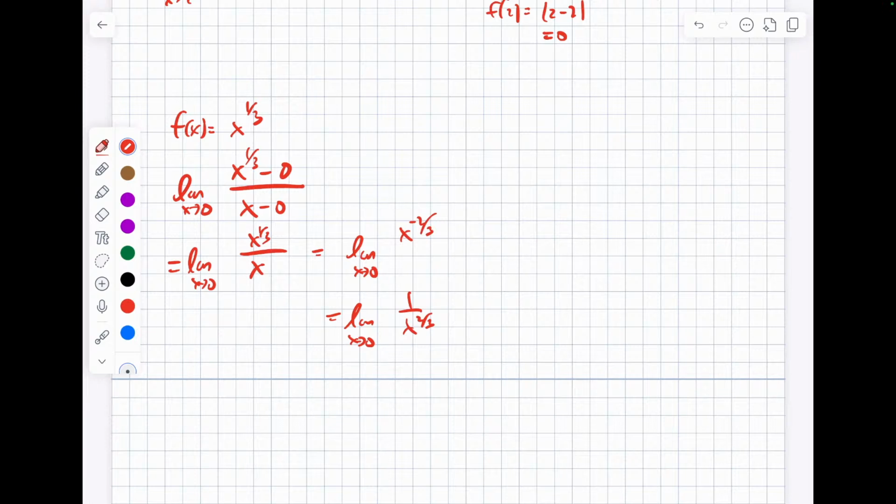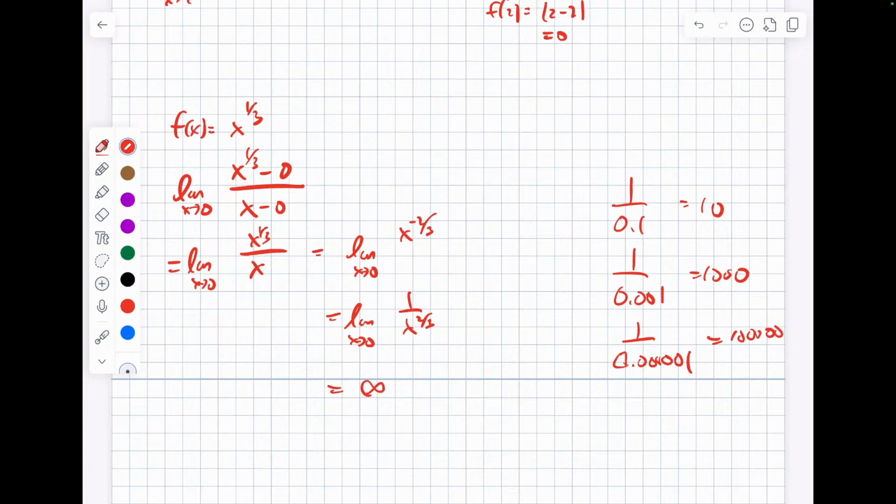Does that make sense? Imagine plugging in 1 over 0.1, 1 over 0.01, 1 over 0.00001. So this is 10, this is 1,000, this is like 10,000 or 100,000, whatever. So this eventually is going to go to infinity. If it goes to infinity, the limit does not exist.